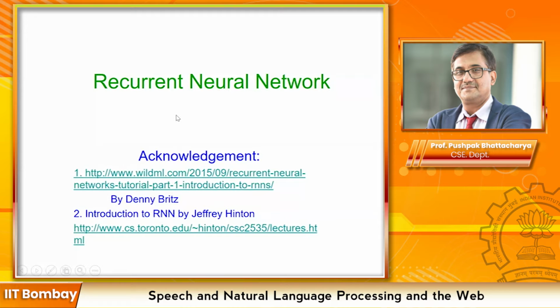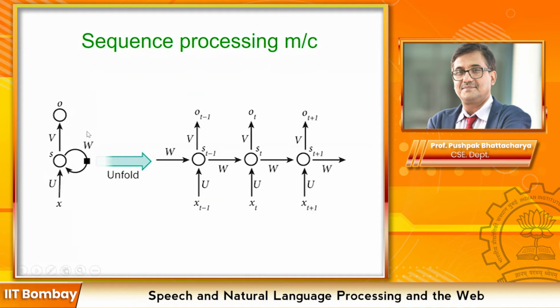So recurrent neural network, we know, is a single network moving over a sequence of entities.